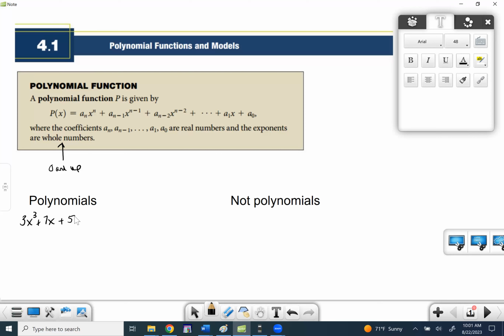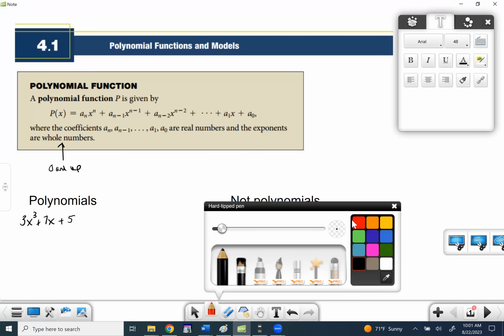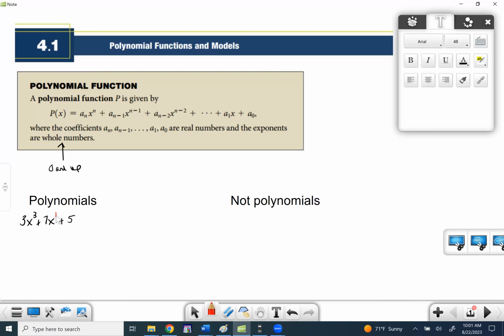We have all real numbers as our coefficients, and all of the exponents are whole numbers. If we keep track of the exponents here, this is really a 1. And if you want to think of this, this is really an x to the 0 right here. And so we actually have all 0 and up for the exponents. So this is an example.